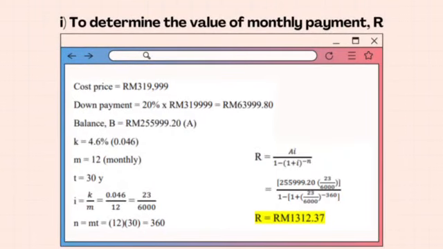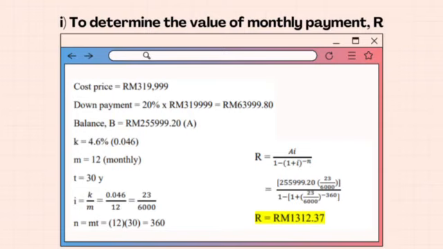For question number 1, we will figure out how to determine the value of monthly payment R. The cost price given is RM319,999. The down payment is 20% times RM319,999, and we will get the answer RM63,999.80.